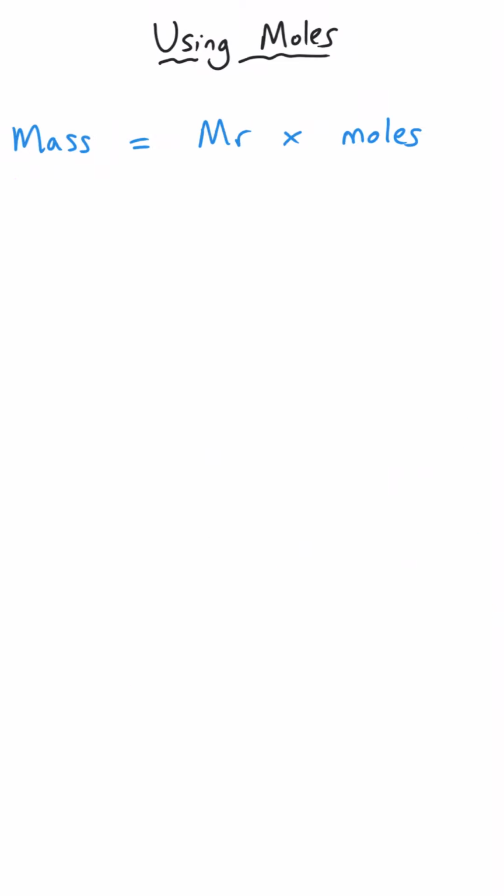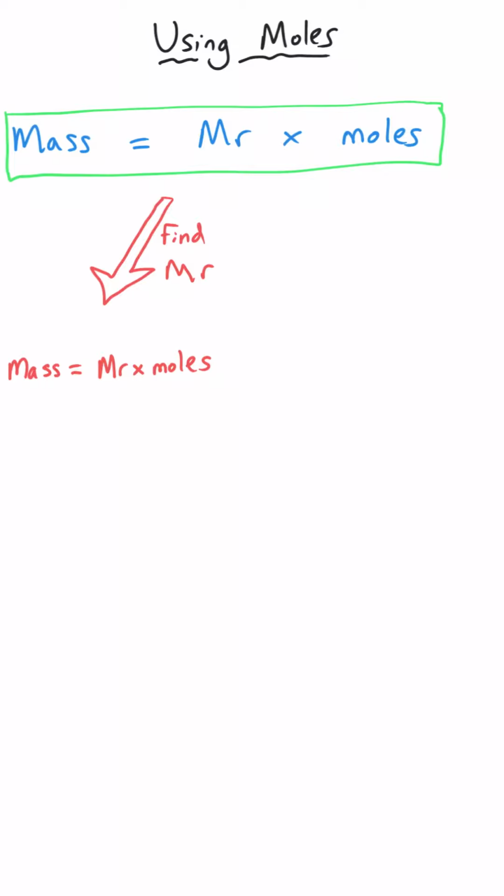What I was using there, without saying that I was using it, was the relationship mass equals Mr multiplied by moles. And obviously this has 3 different formats. I suggest you remember mass equals Mr multiplied by moles, because then when you want to rearrange it, for instance to make Mr the subject of this equation, we just need to work out how to do that in terms of the algebra.